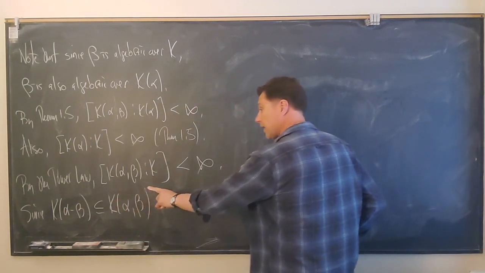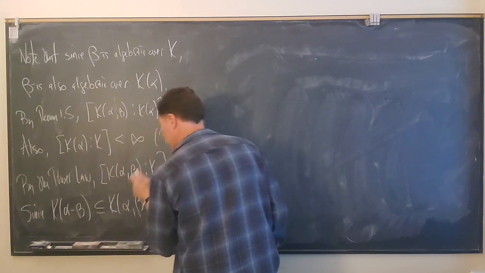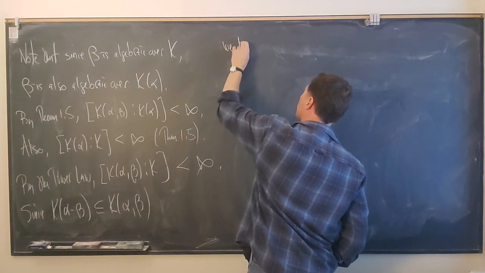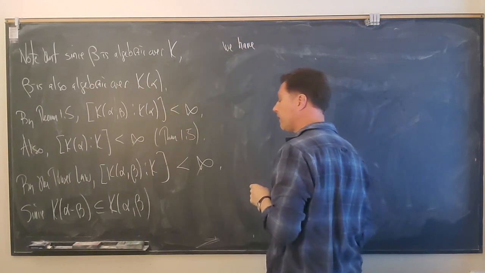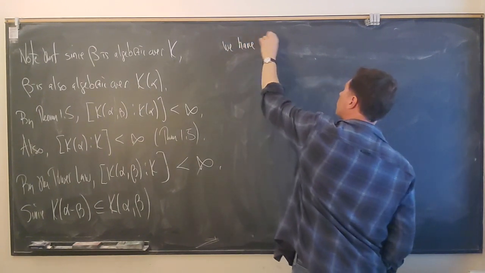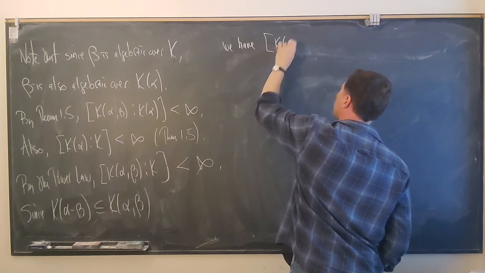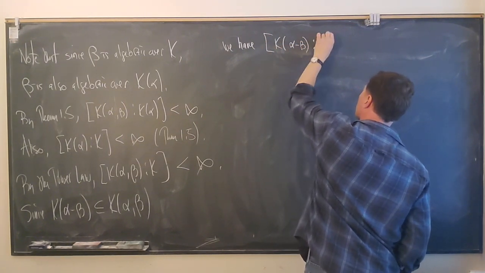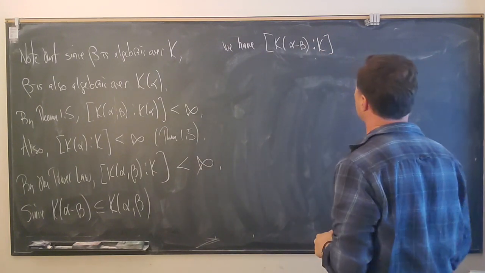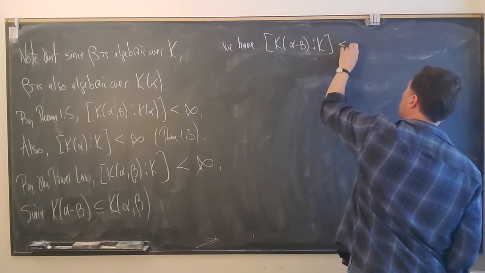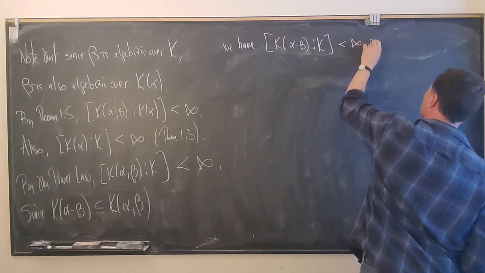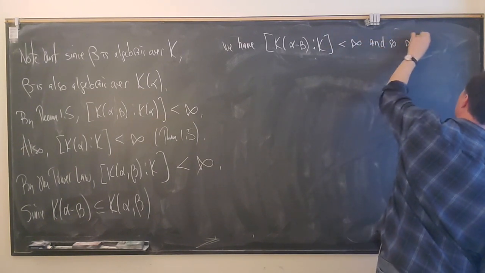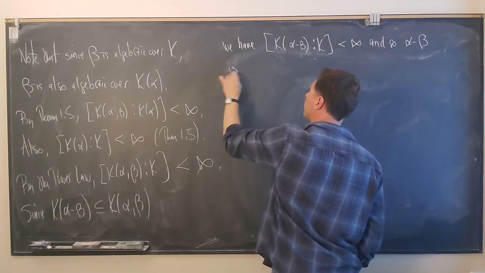So since K adjoin alpha minus beta is a subset of K adjoin alpha and beta, we have that the degree of K adjoin alpha minus beta over K is finite. And so alpha minus beta is algebraic.